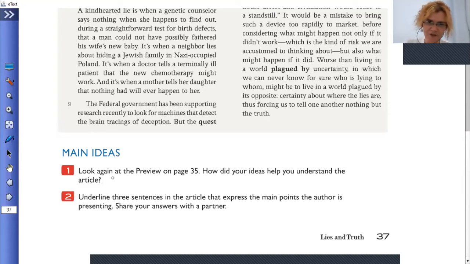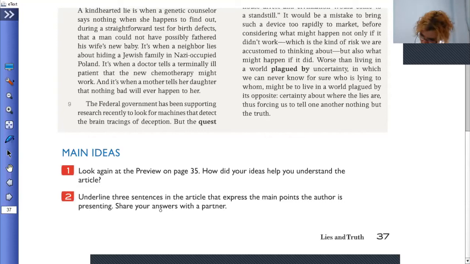Now, what we're going to do is underline 3 sentences in the article that express the main points the author is presenting. I can show you where they are, and then you check whether you got them or not. The first one is in paragraph 2. It's definitely not a quote, because a quote is specific information told by a person.